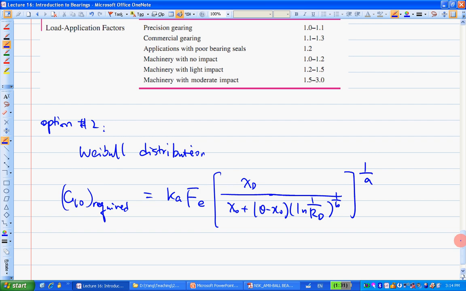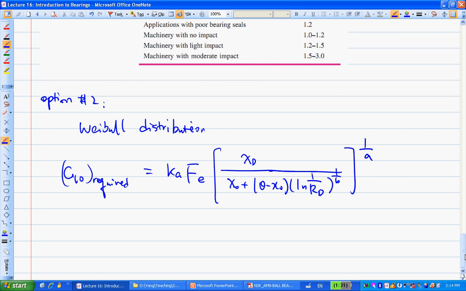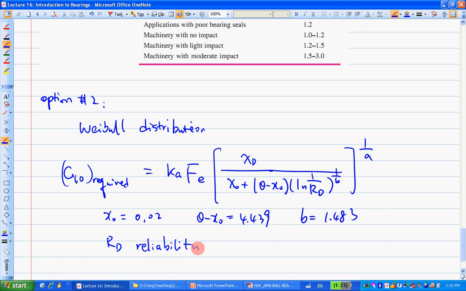So what are these things here? X naught is 0.02, theta minus x naught is 4.439, small b is 1.483. RD is the reliability, so you could have 90% or 95%, right? So that's the RD.